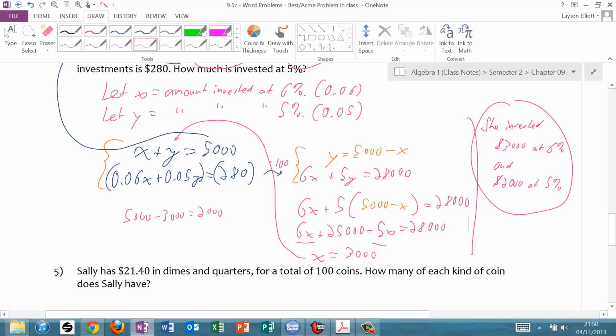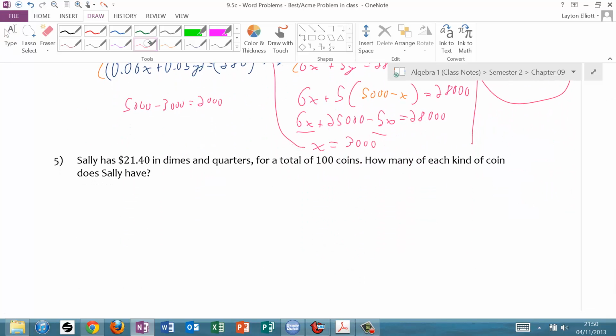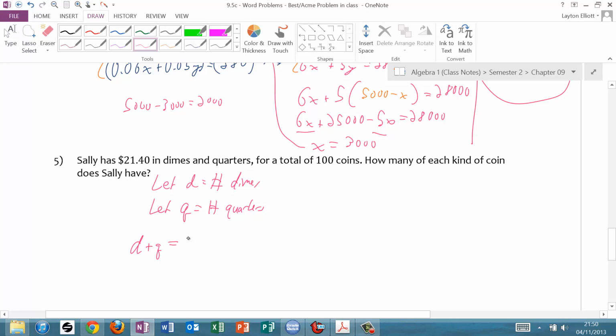Number 5, Sally has $21.40 in dimes and quarters for 100 coins. How many of each does she have? Let's let d equal the number of dimes, and let q equal the number of quarters. If we add d plus q, I get the total number of coins, 100.